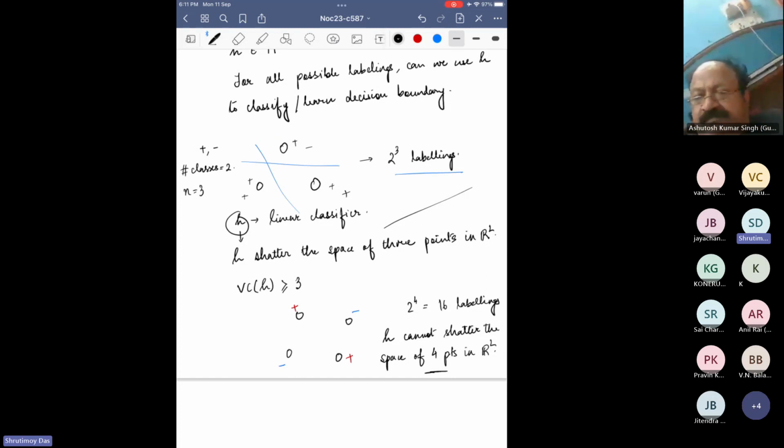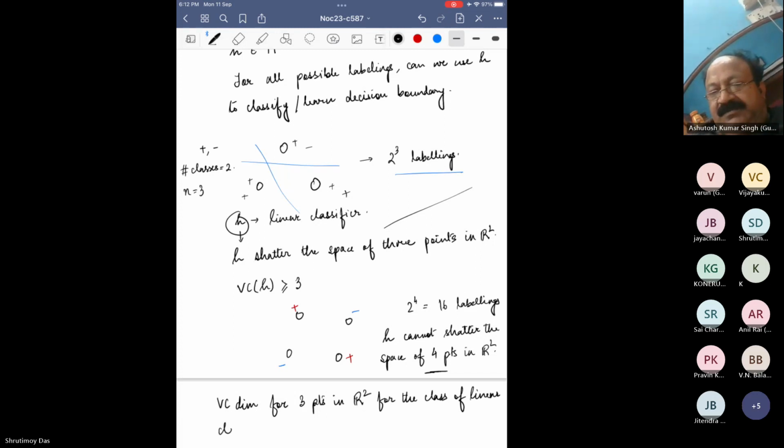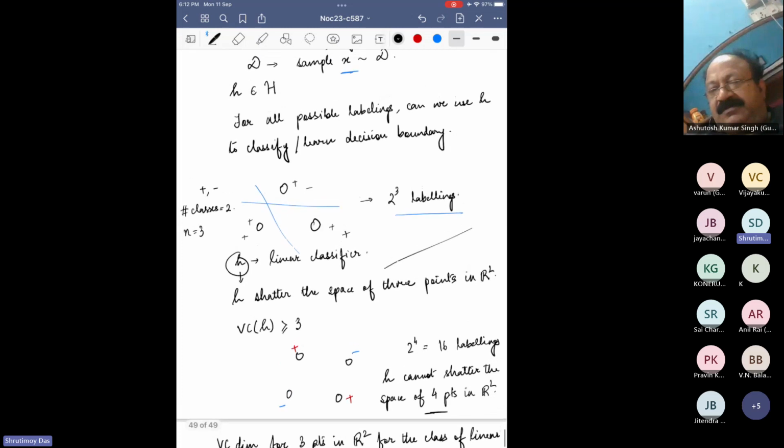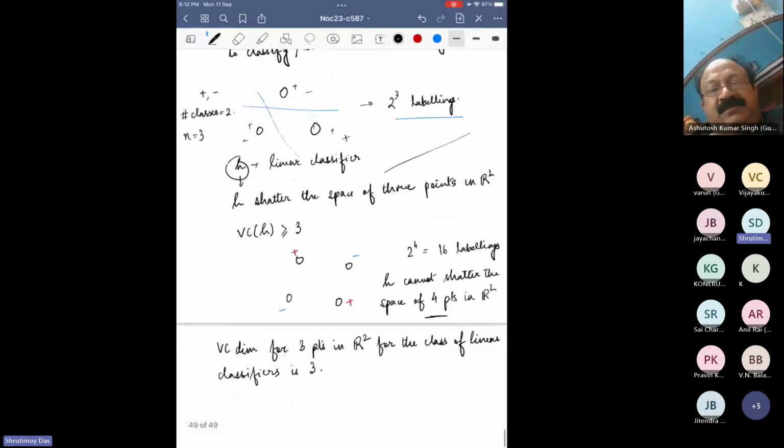So we say that the VC dimension of this class of classifiers, let me write it down, for points in R2 for the class of linear classifiers, is 3, because it can shatter at least one subset of 3 points, but it cannot shatter any subset of 4 points.